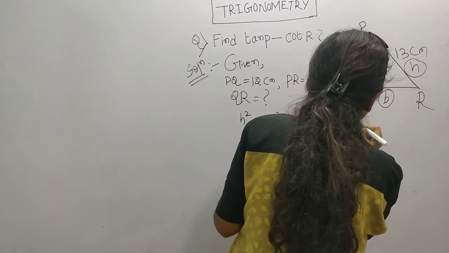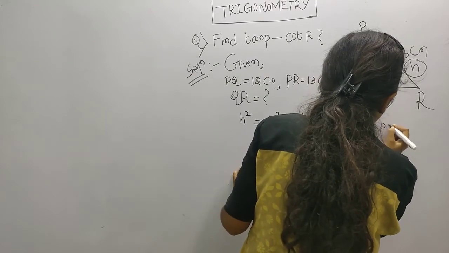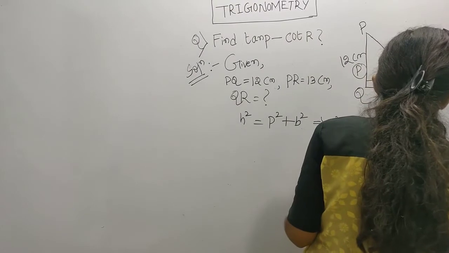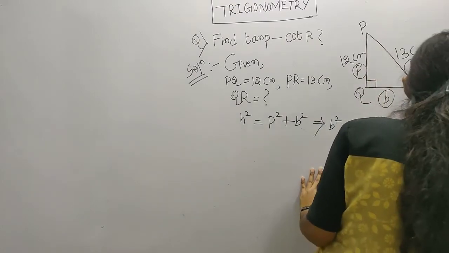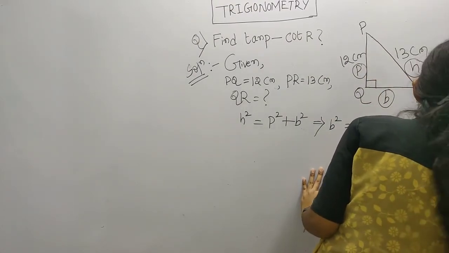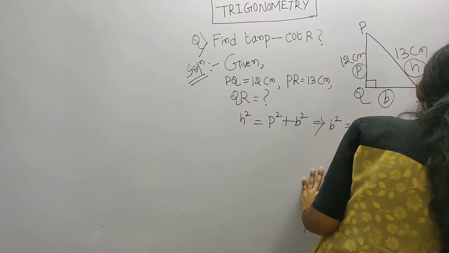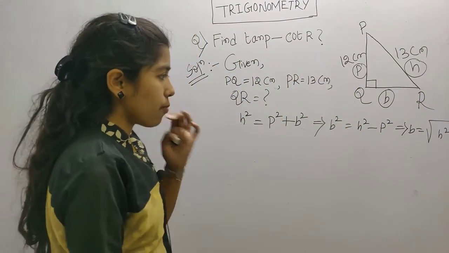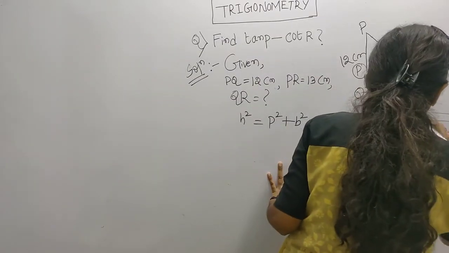B square equals h square minus p square. Then what will be the base? Base equals root over h square minus p square. Now we can easily find out the base.